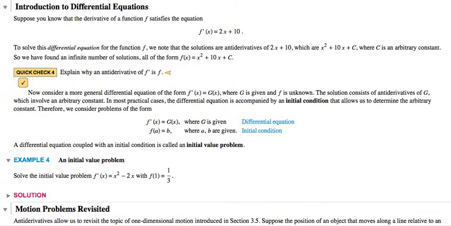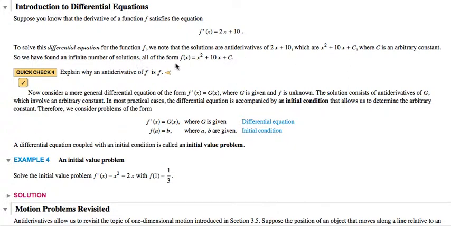So this gives us a nice bridge into an introduction to differential equations, which is a potential future course you might choose to take. If we know that the derivative of a function is 2x plus 10, then the solution to the differential equation is going to be x squared plus 10x plus c.